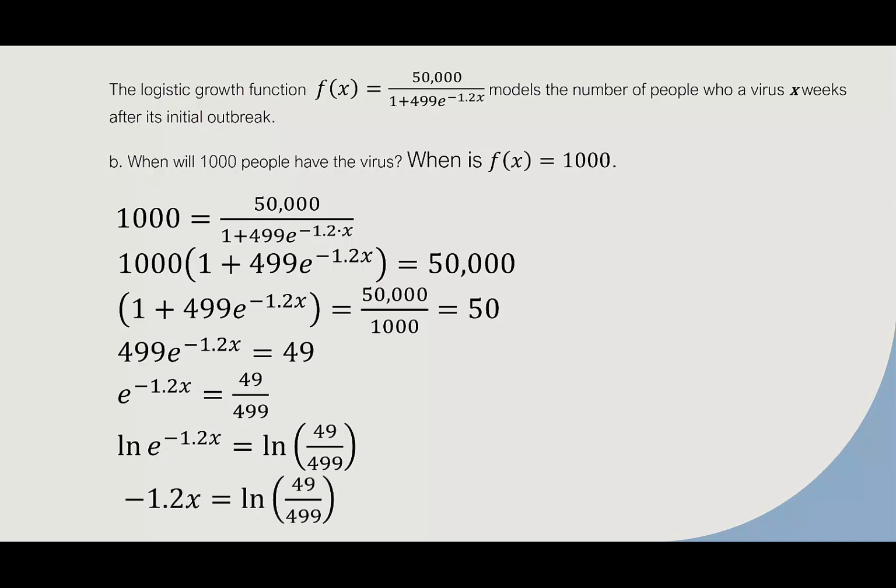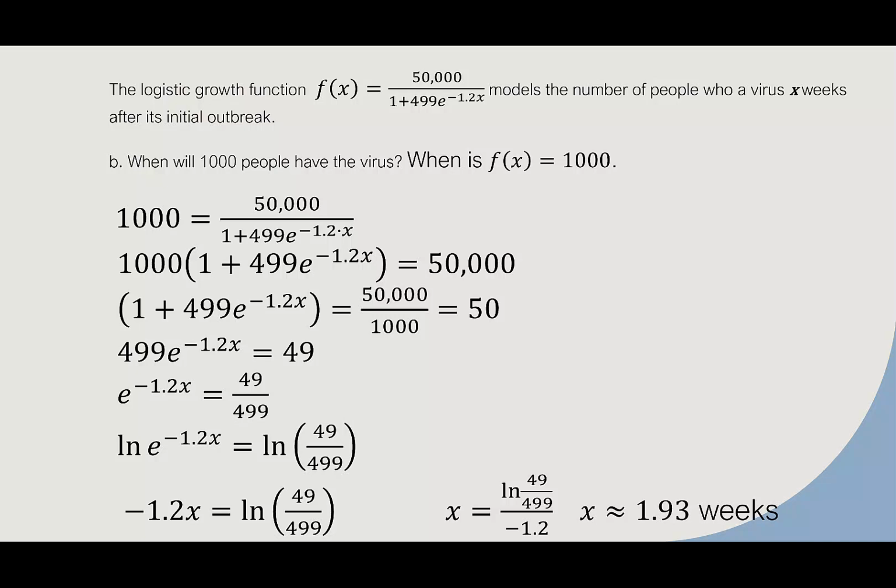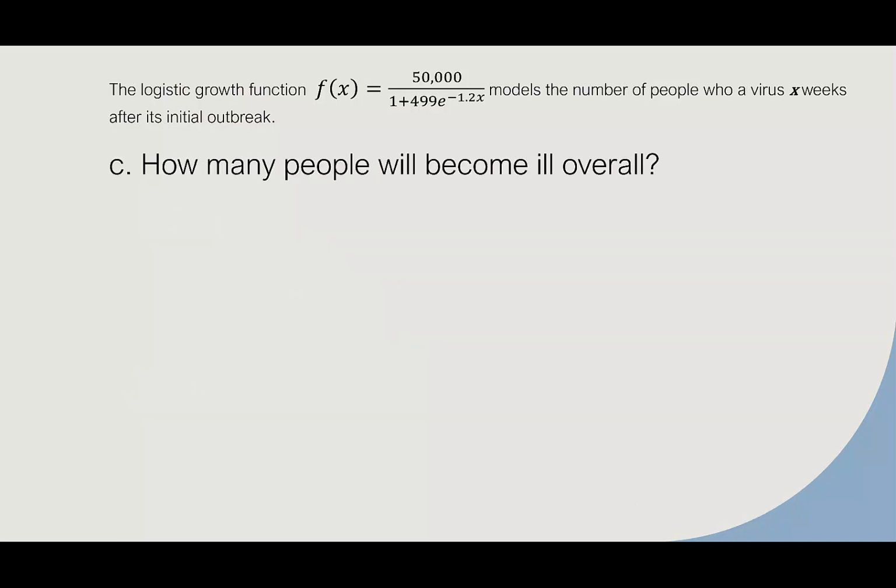The left side is just negative 1.2x, the right side keeps the natural log. To get x alone, I'll divide by negative 1.2, which says x is the natural log of 49 over 499 divided by negative 1.2. We plug that in our calculator to get about 1.93 weeks, which we would probably round to about 2 weeks. Part C says how many people will become ill overall.